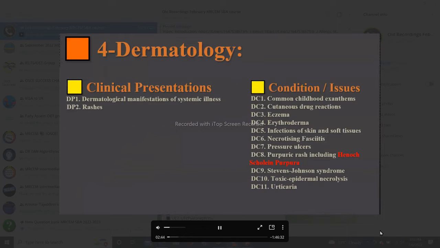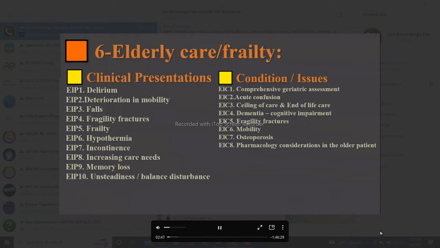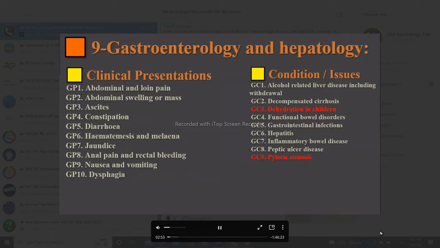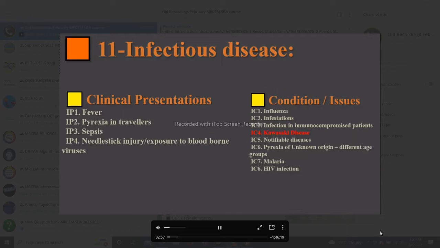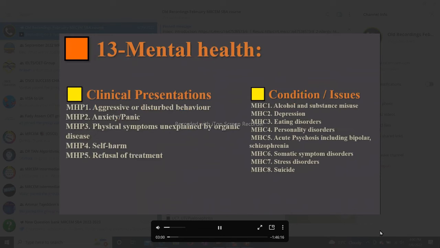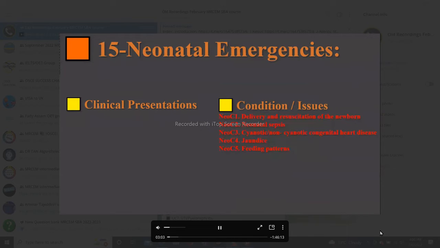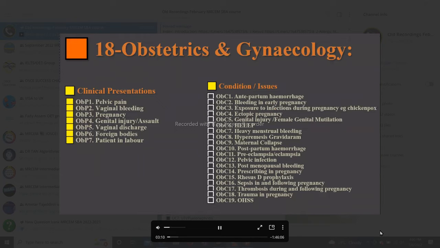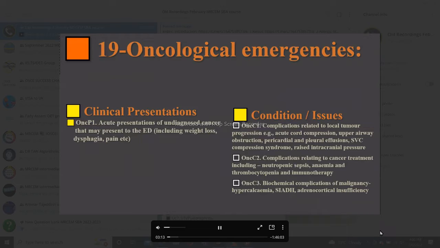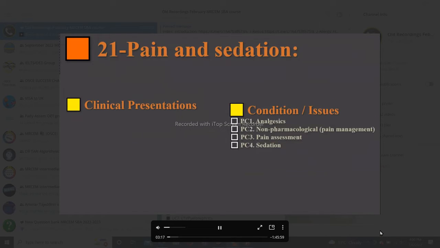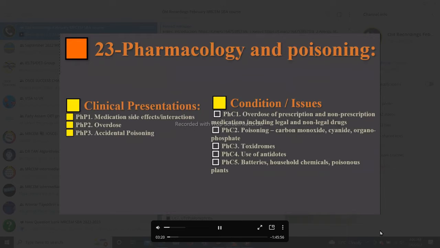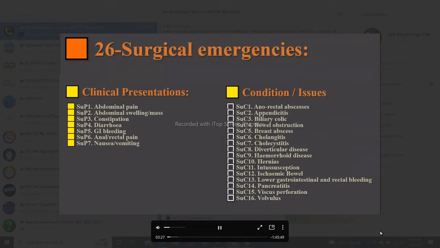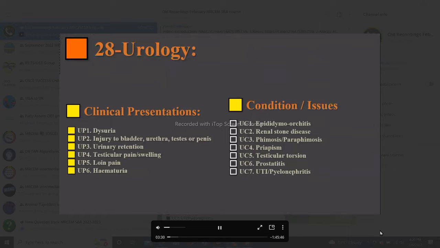Allergy, cardiology, dermatology, ENT, elderly care and frailty, endocrinology, environmental emergencies, gastroenterology, hematology, infectious disease, maxillofacial and dental, mental health, musculoskeletal non-traumatic, neonatal emergencies, nephrology, neurology, obstetrics and gynecology, oncological emergencies, ophthalmology, pain and sedation, palliative and end-of-life care, pharmacology and poisoning, respiratory, sexual health, surgical emergencies, trauma. And today we will discuss urology.